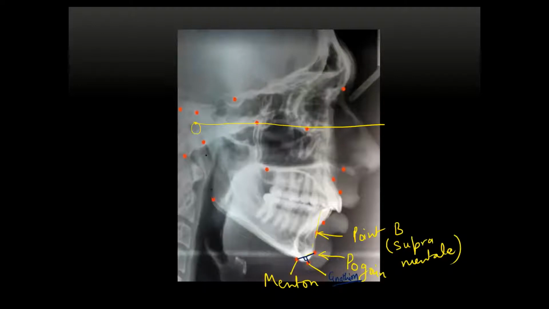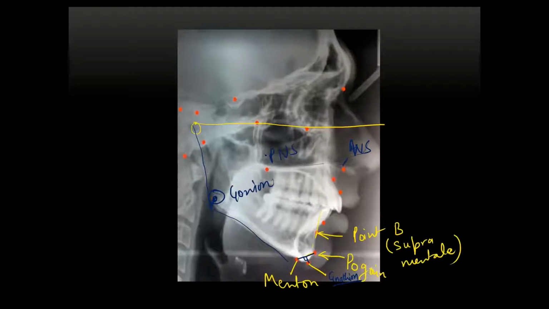How do we draw it? We take the posterior base line and the base of the mandible line, and then we bisect it. Wherever it falls, that is gonion. Anteriorly this was ANS, anterior nasal spine. This posterior point is PNS, posterior nasal spine.